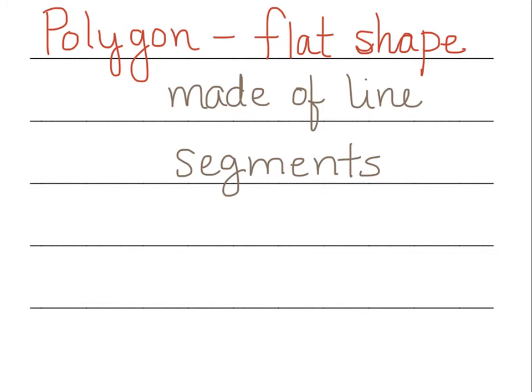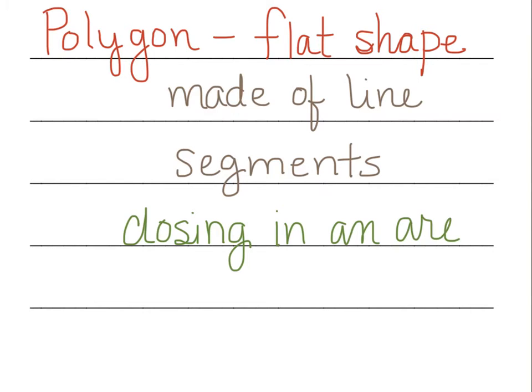Now, the third part of the definition is like the final piece to the puzzle. It's a flat shape made of line segments closing in an area. So, for example, if I drew you a shape that looked like this, is it a polygon? No, because it's not made of line segments.